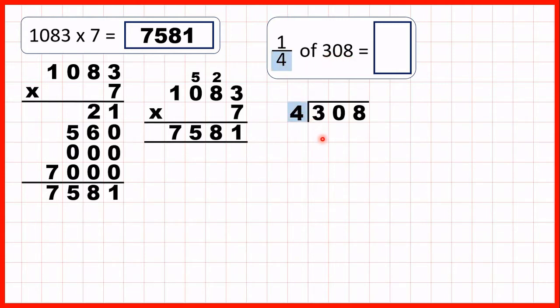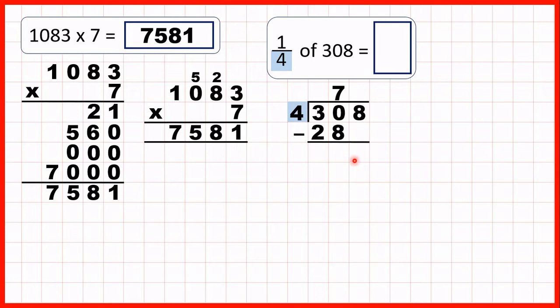If we're using expanded division, taking the first digit, we have a 3, but that's less than 4, so we take the first two digits together and divide 30 by 4. Now the closest number to 30 in the 4 times table, which is still less than 30, is 28. And because 28 is 7 times 4, we write 7 in our answer line.